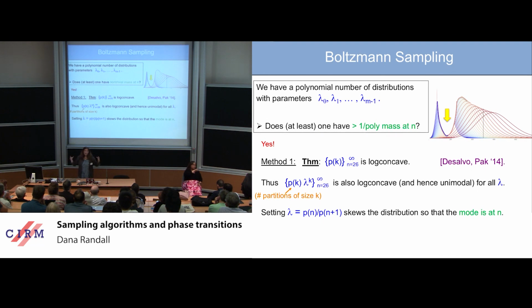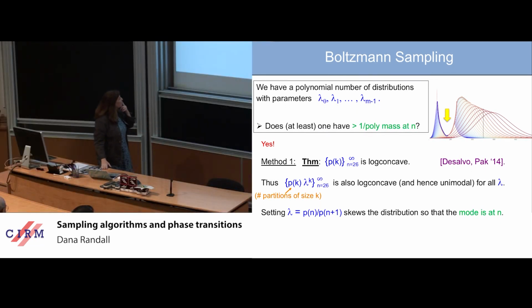So if it was log concave before, it remains log concave with these Boltzmann weights. The only property that I'm going to use about that is that it's unimodal. So I'm sampling under a curve which is peaked somewhere. We want it to be peaked at n, but it's just peaked somewhere. But for each one of these, if the distribution is unimodal and I'm walking back and forth, then I converge in polynomial time. So I'm just throwing out this fact, and that's what we end up using.